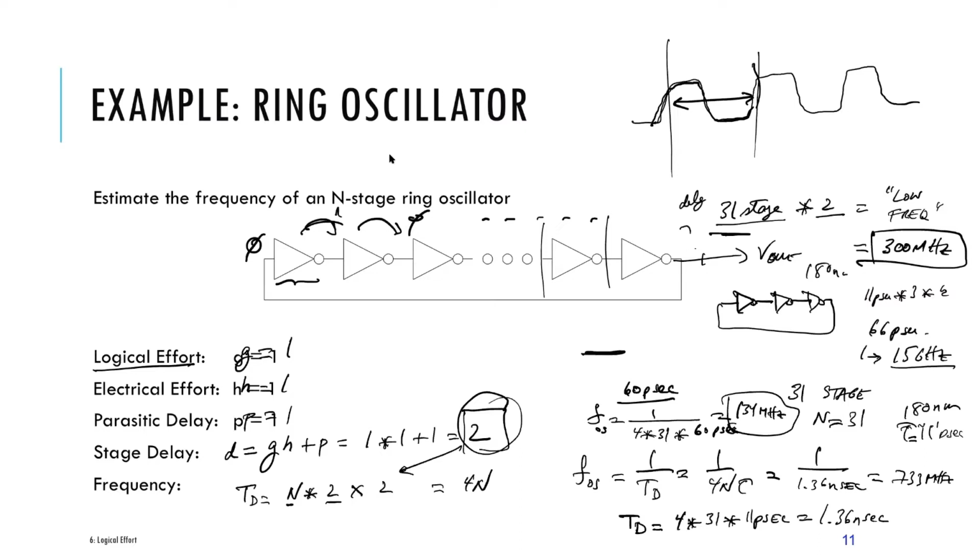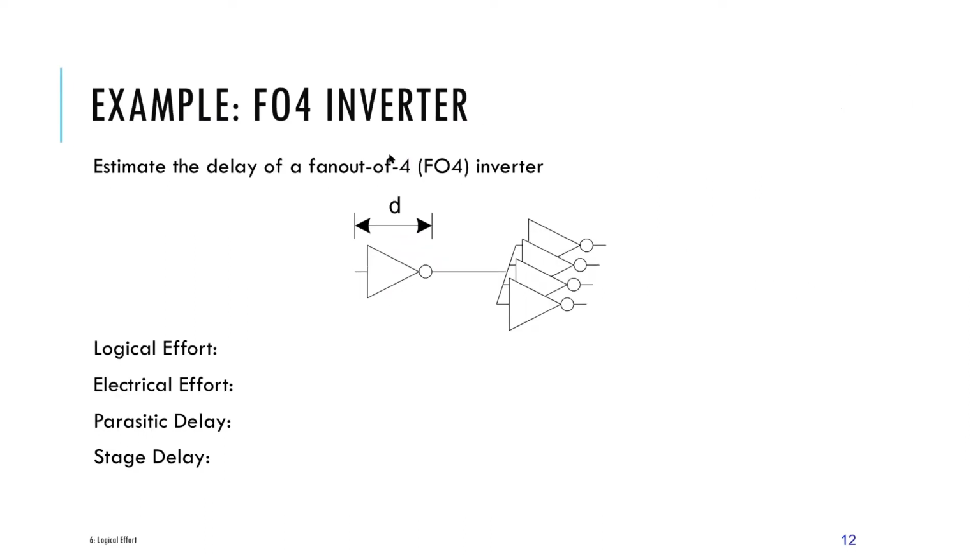Okay, so let's do another example. Here's a case of a fan out of 4 inverter. This fan out of 4 is kind of a magic number. A lot of times, like if you see data sheets, they give this fan out of 4 number as a figure of merit, because it's a typical thing.